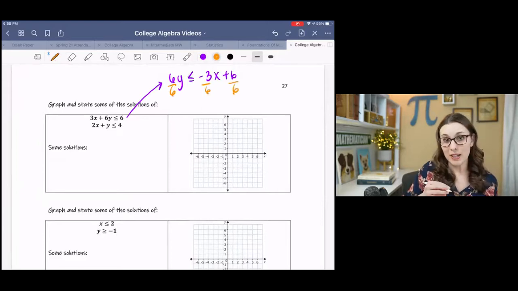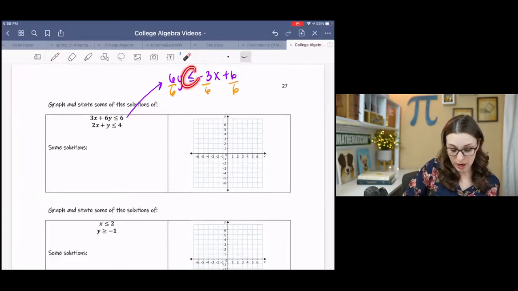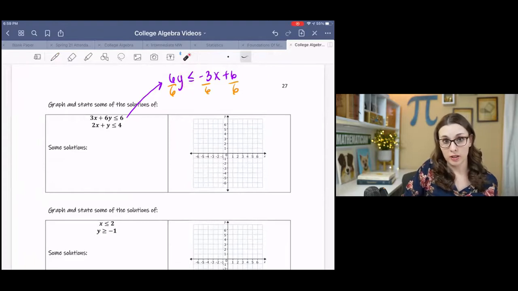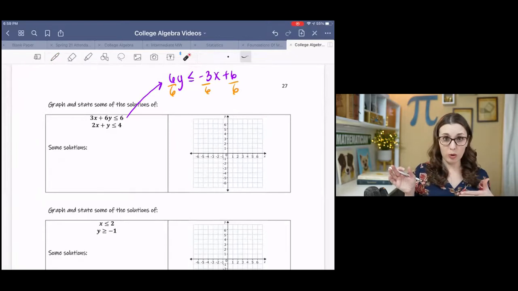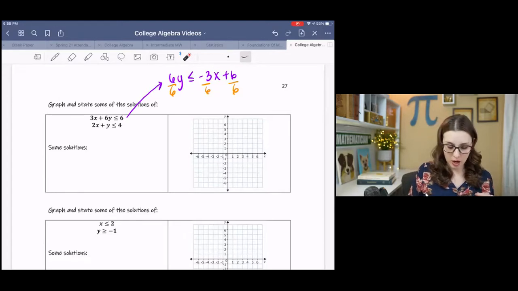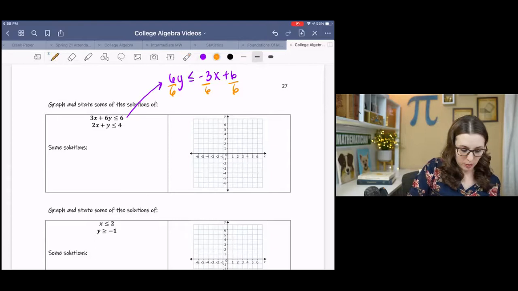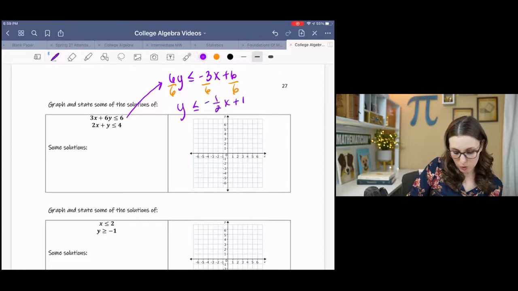If the 6 had been negative, then I would need to flip the inequality, because dividing by a negative negates the whole inequality. So just be careful of that if you're going to do x and y intercepts. If this is negative, that sign is going to flip. But since it's positive in this case, it doesn't matter. You should get -1/2 x plus 1.